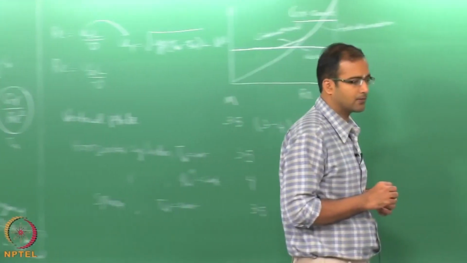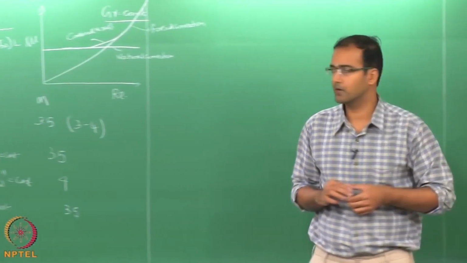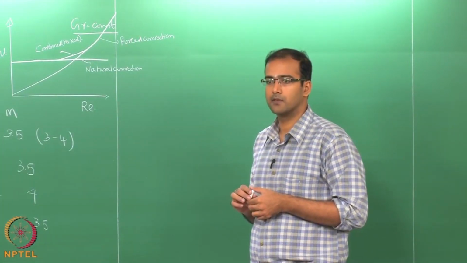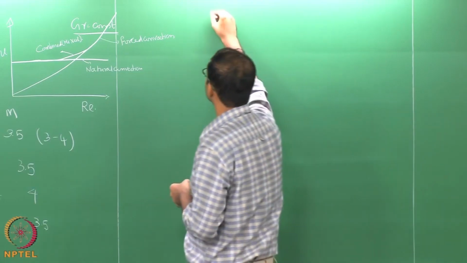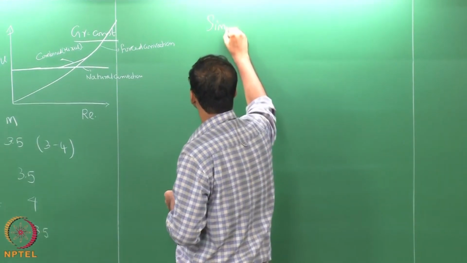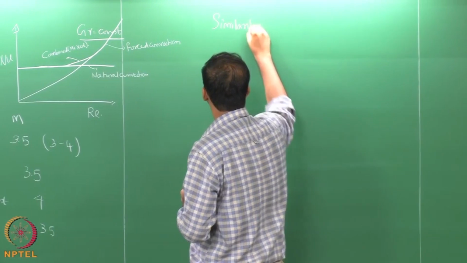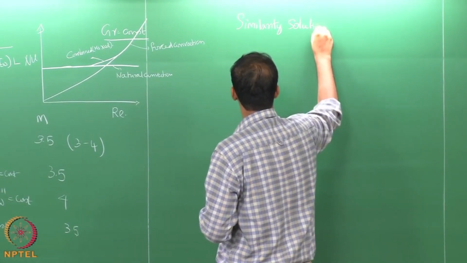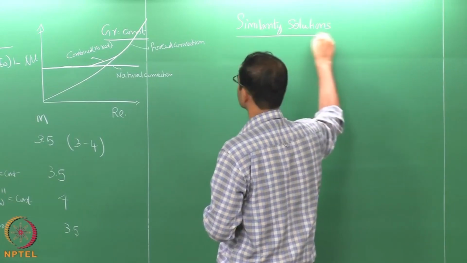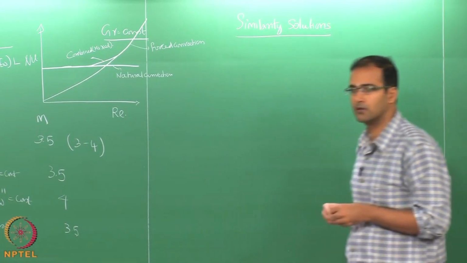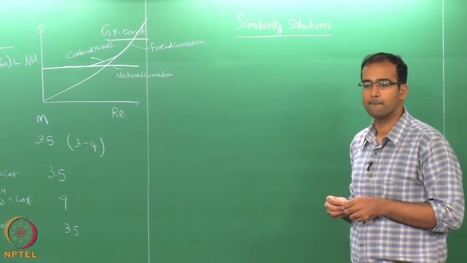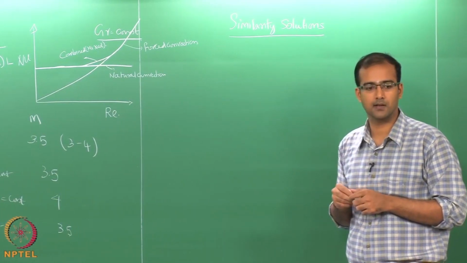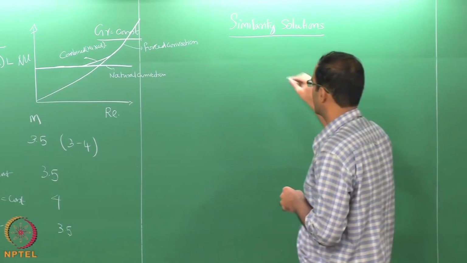Just like for the external forced convective boundary layer we have the Blasius and Pohlhausen solutions, we can approach this by using similarity methods. So, similarity solutions are the exact solutions that we are going to do, and once again these can be done for either a constant wall temperature boundary condition or a constant heat flux boundary condition.